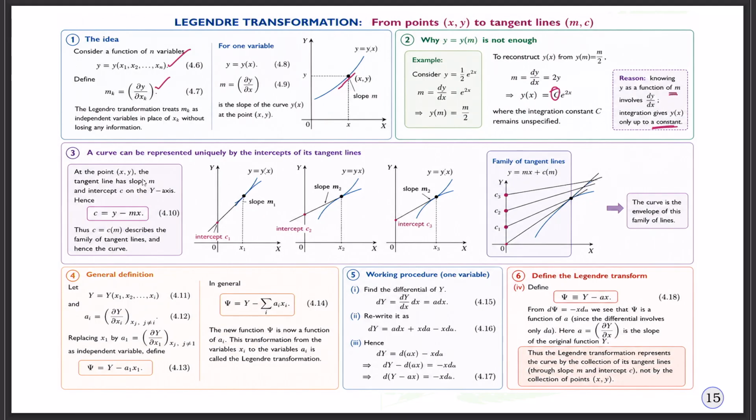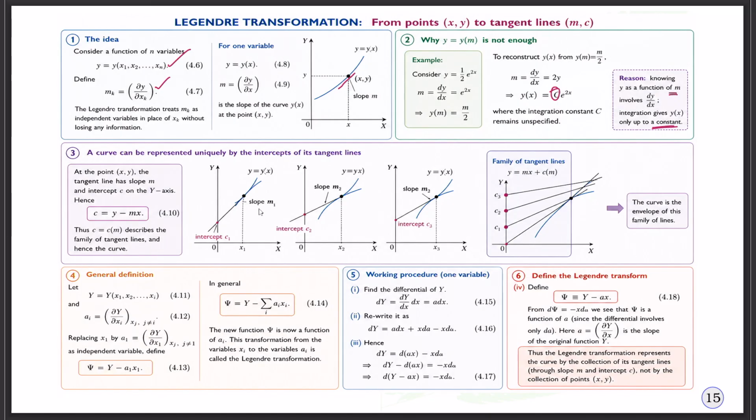So at the point x comma y, the tangent line has the slope m and intersects the y axis at point c. Hence c can be written as y minus mx. Thus c equal to c of m describes the family of tangent lines and hence the curve.